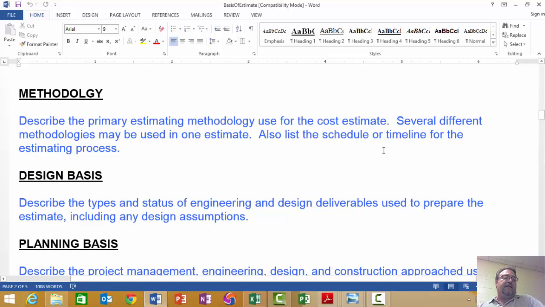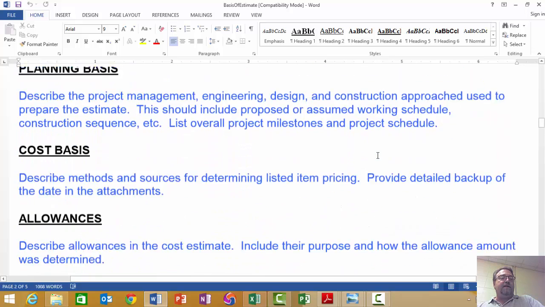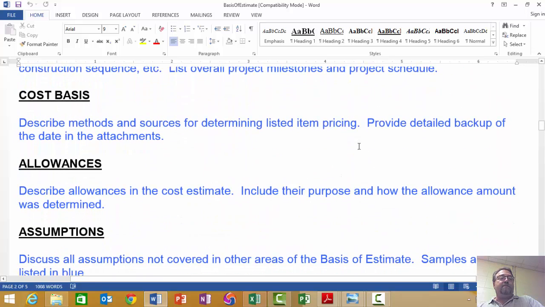Obviously, methodology is a big part of it. Cost basis, what would that be? That would be how you came up with your charge rates for materials, labor, equipment, what we were just talking about. Where did you get your quotes from?